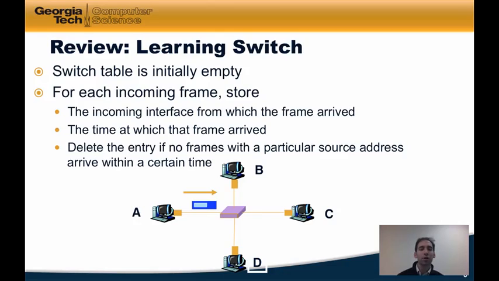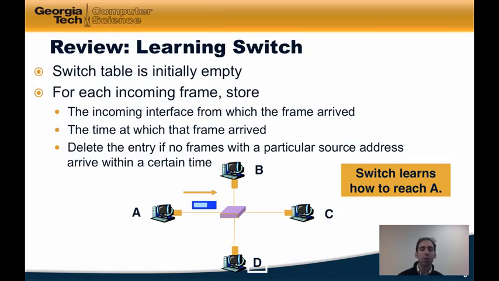A learning switch, on the other hand, behaves a little differently, because when that input packet arrives, the switch learns how to reach the particular destination that sent the packet to the switch.